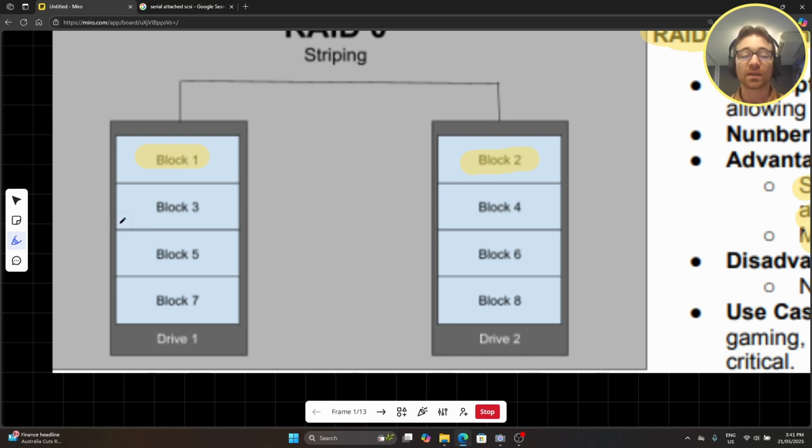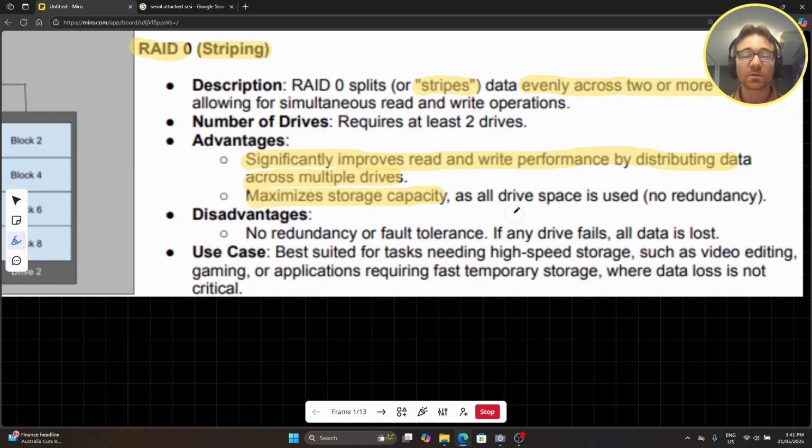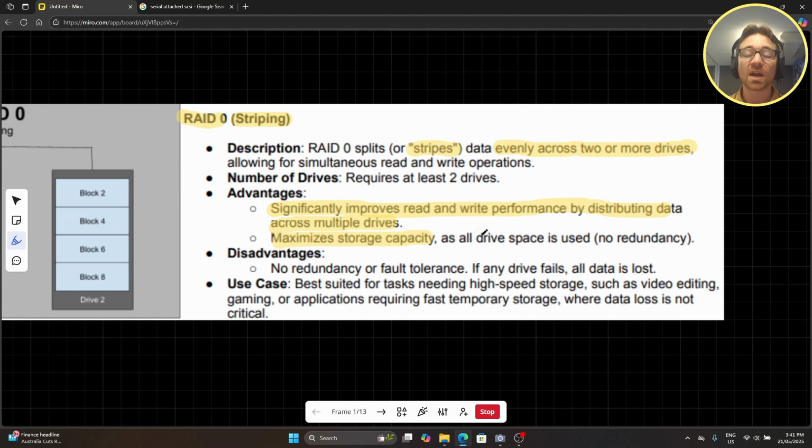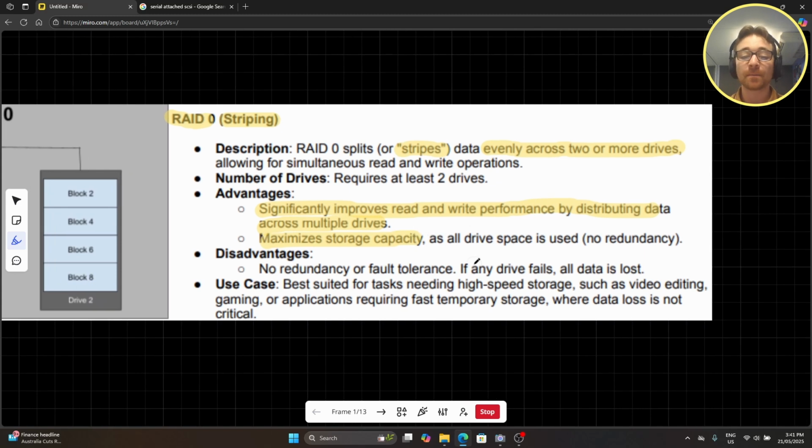If we had block 1 here and here, and then block 2, block 3, a copy of block 3, block 4, a copy of block 4, we would have the same data just twice over. It would be great, because if we lost one drive, we would still have all that data over here, but we would have less overall storage capacity because we would have to double that data. So if we only had 2 drives, then that would be it. So by striping the data like this across 2 drives, we maximize storage capacity.